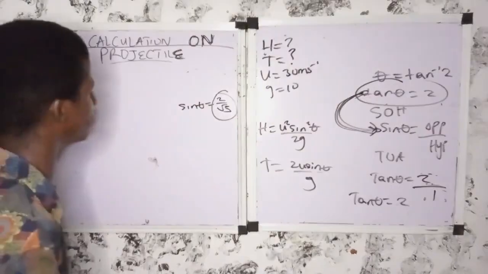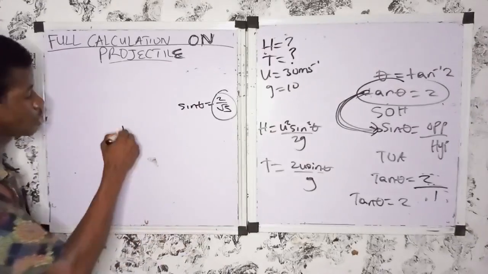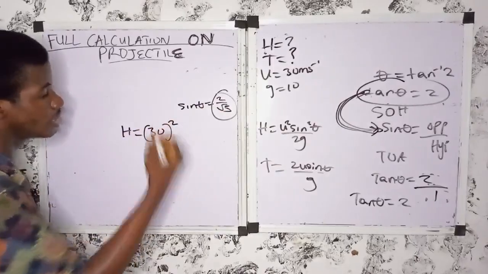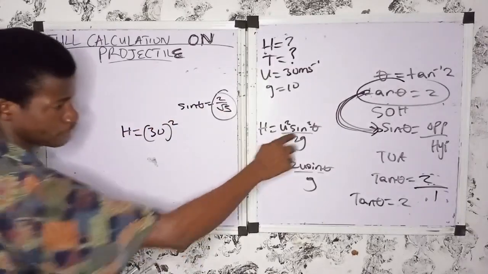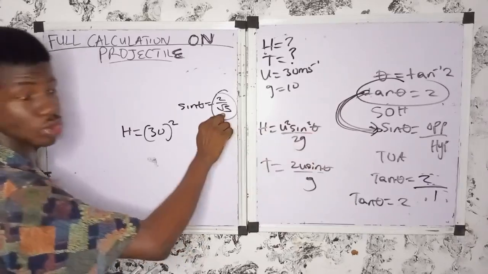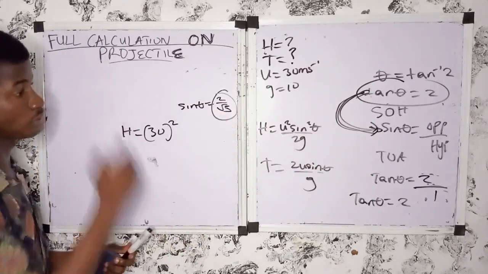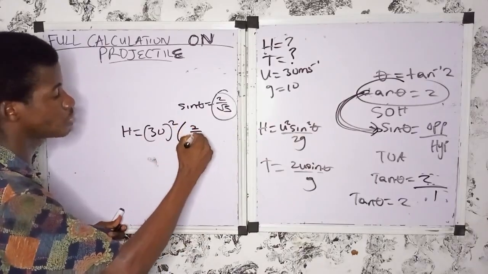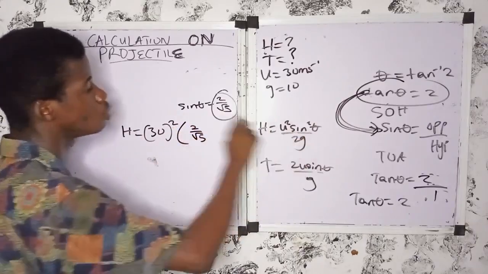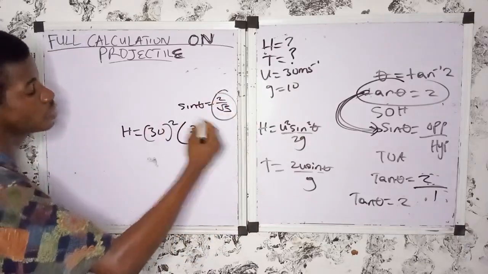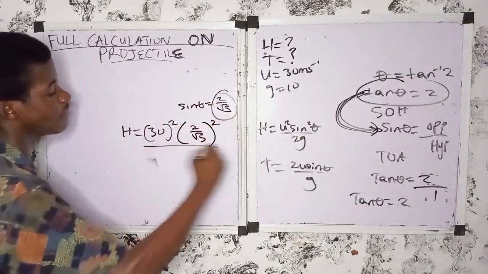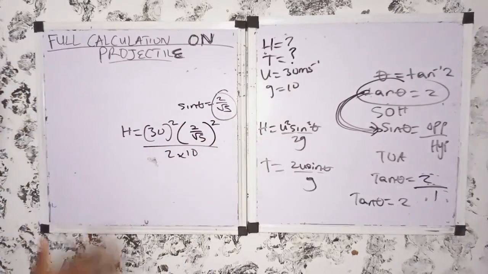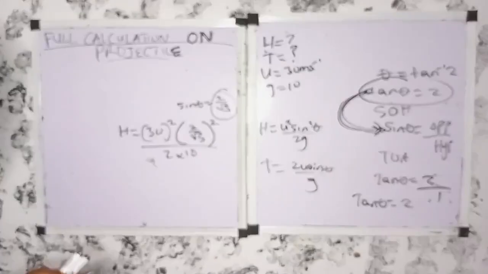So the maximum height H is equal to U squared, where U is 30, so 30 squared, times sin theta squared, where sin theta is 2 over root 5, divided by 2 times g, where g is 10. Once we do everything, we get our maximum height.